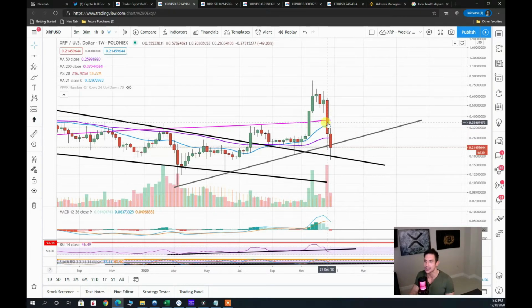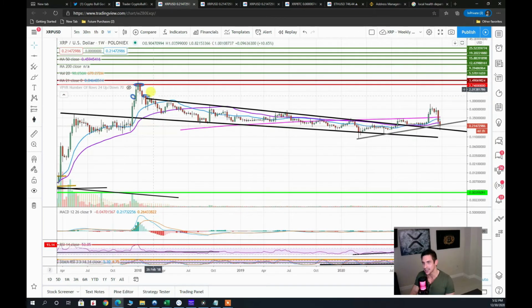I would have liked to see this week close above prior resistance, anywhere above 28 to 33 cents, right in that area if we could have closed in there. In fact, I think we actually did technically close at 28.3 cents. So in my mind last week, we were bordering right on the line of either recovering or in for something a lot worse.